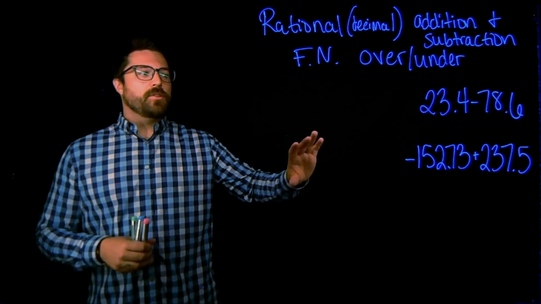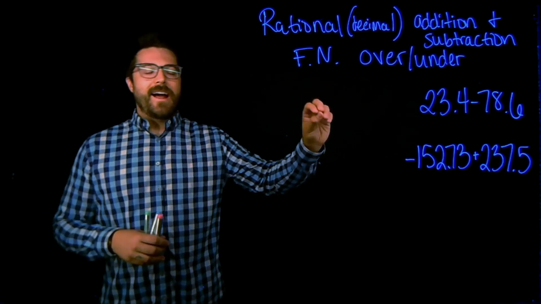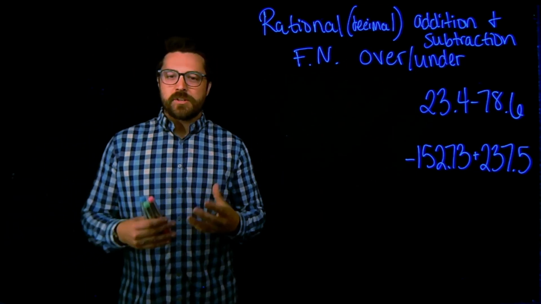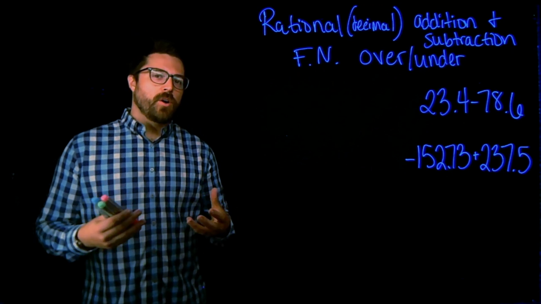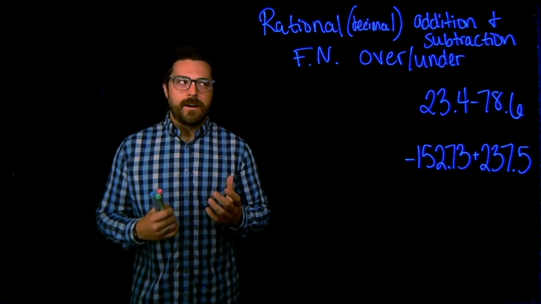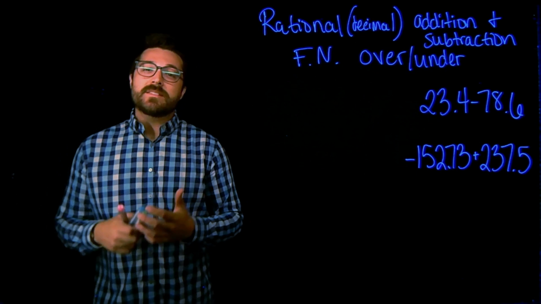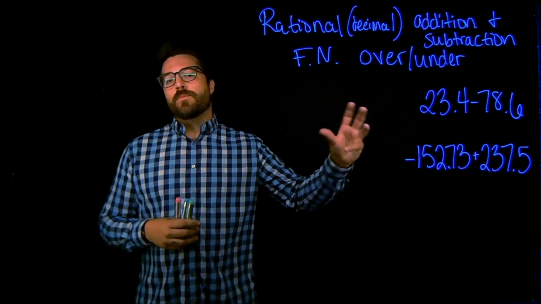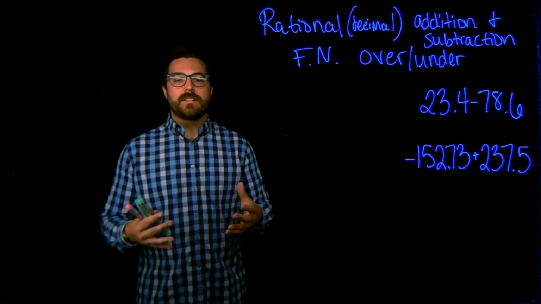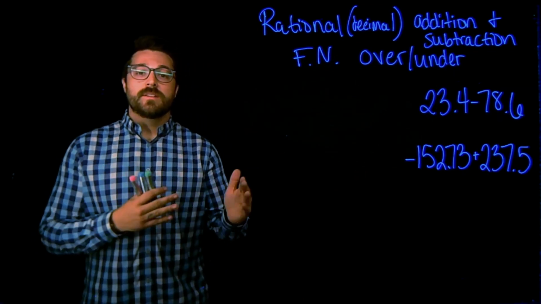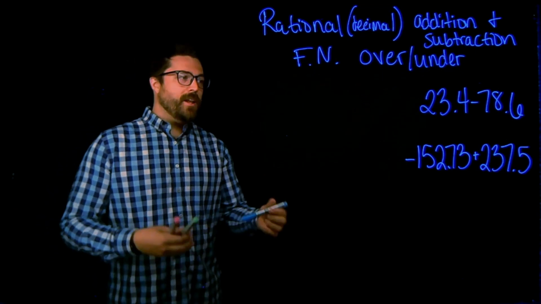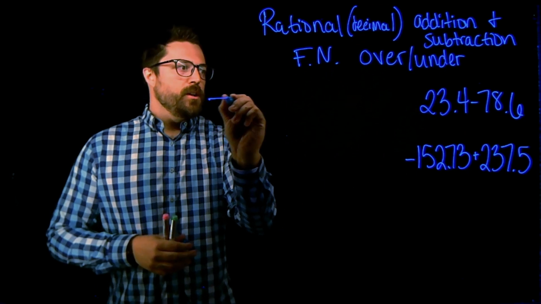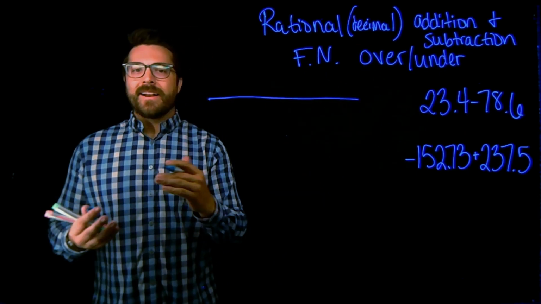In 6th and 7th grade, when students start adding and subtracting with rational numbers, a lot of misconceptions and errors start to occur around the lack of reasonableness and the lack of understanding of what these expressions mean and how they are impacted, especially when we cross zero. So what I mean by that is, if I were to model this first expression, 23.4 minus 78.6.